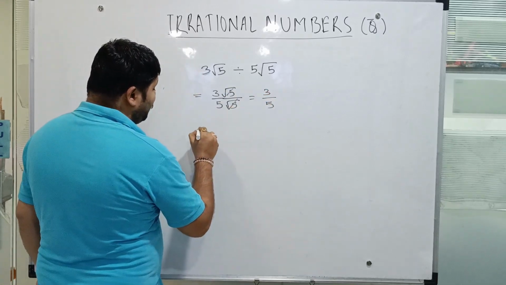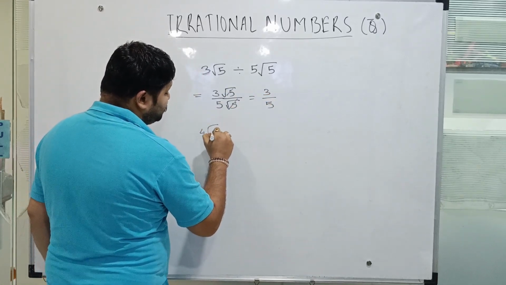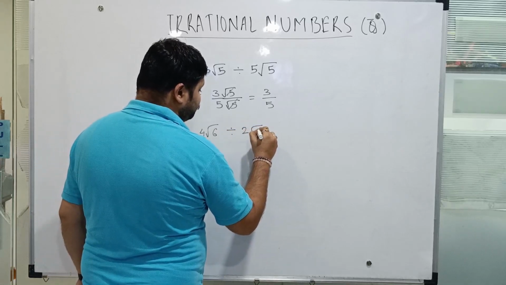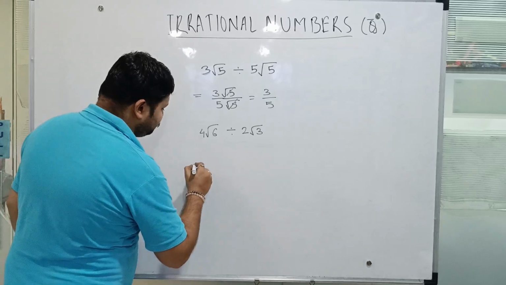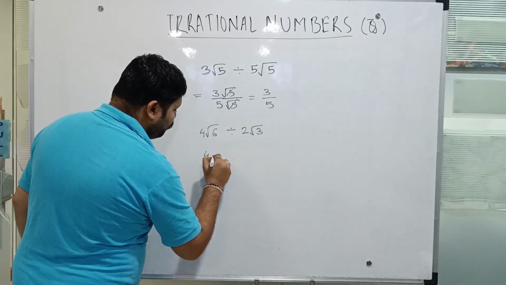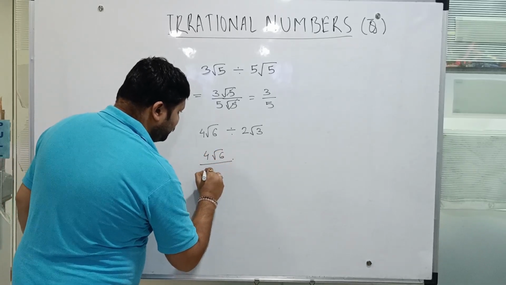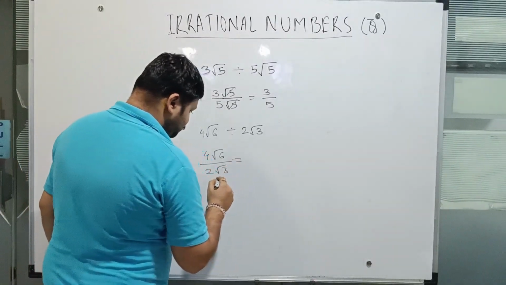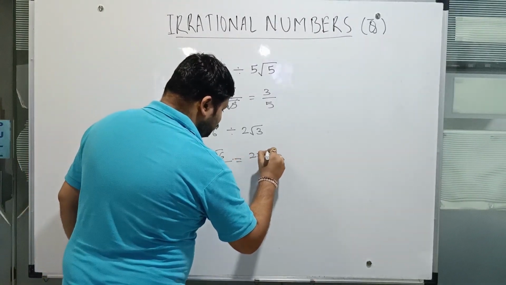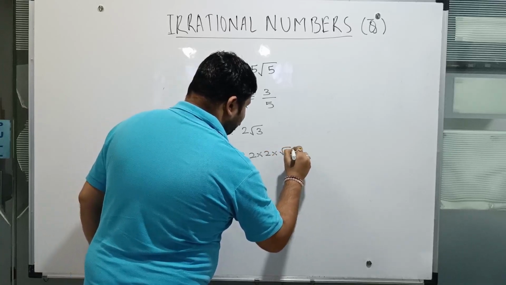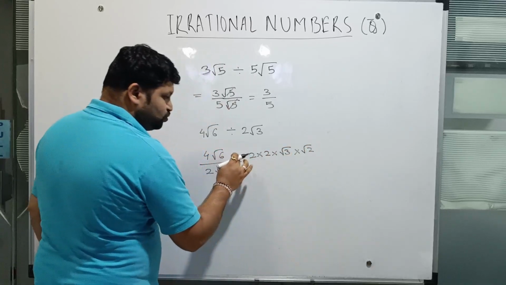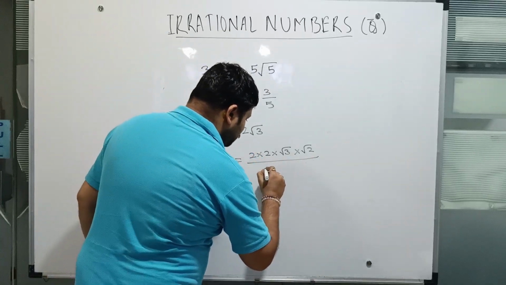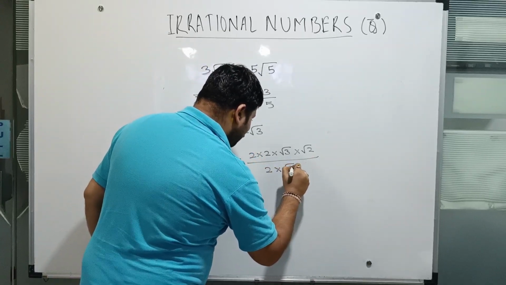Now what happens if I have say 4 root 6 divided by 2 root 3? In this case I'll write 4 root 6 divided by 2 root 3, which further can be written as 2 multiplied by 2 multiplied by root 3 multiplied by root 2, because root 6 is root 3 multiplied by root 2. Now I have separated them out. So it is 2 multiplied by root 3.